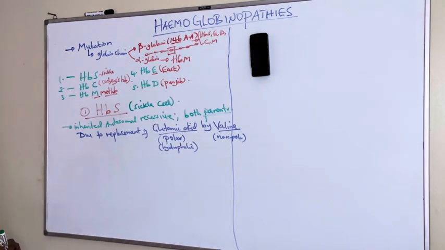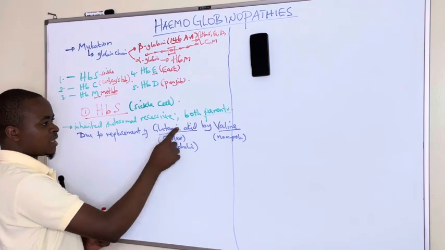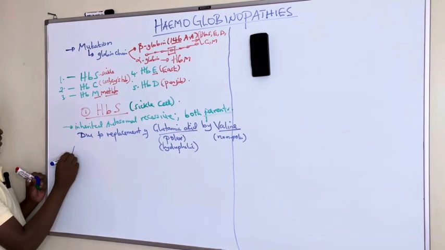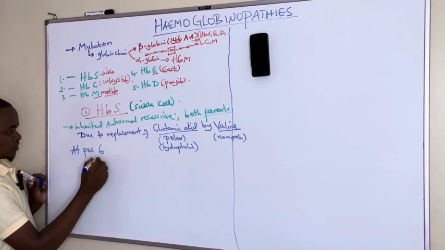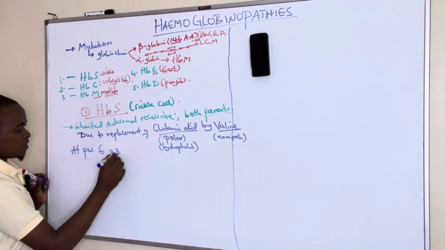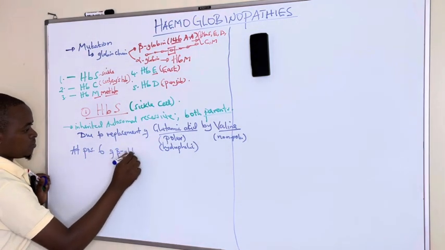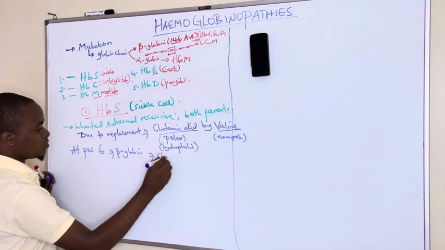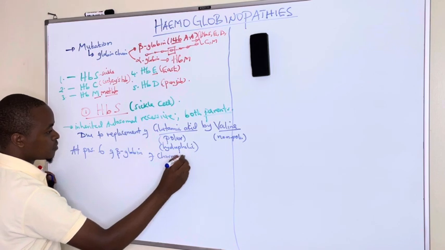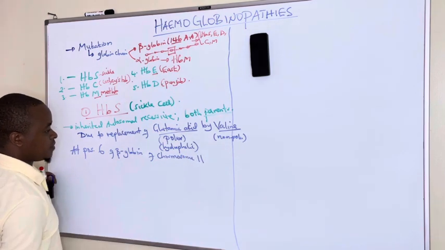So when we replace glutamic acid by valine at position 6 of the beta globin chain, it occurs on the beta globin chain at chromosome number 11.